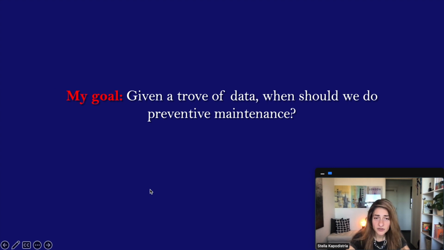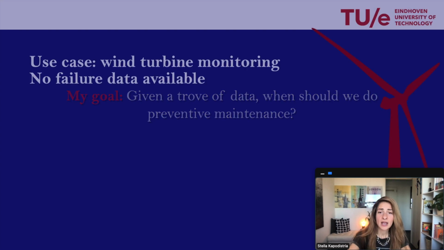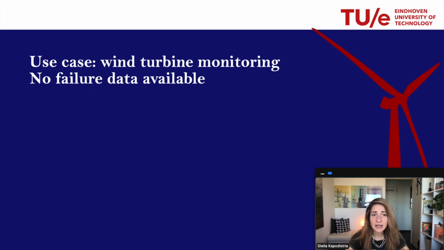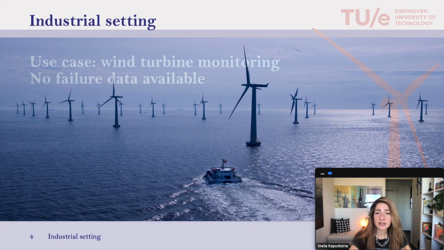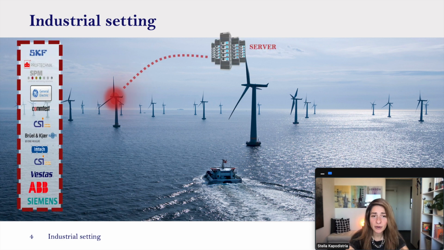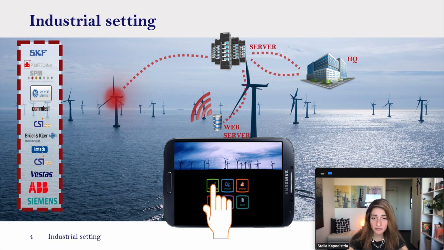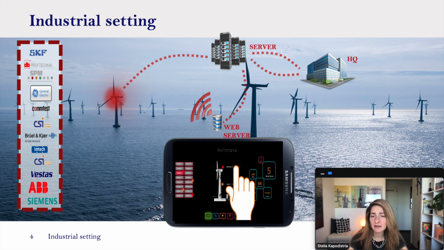So the goal of this work is, given a trove of data, to decide when exactly we should do preventive maintenance. The setting that we're interested in is inspired by wind turbines and in particular wind turbine data monitoring. In this line of work, typically no failure data is available. Those wind turbines are equipped with multiple sensors. Those sensors submit the information real time, and the information is aggregated on 10 minutes.